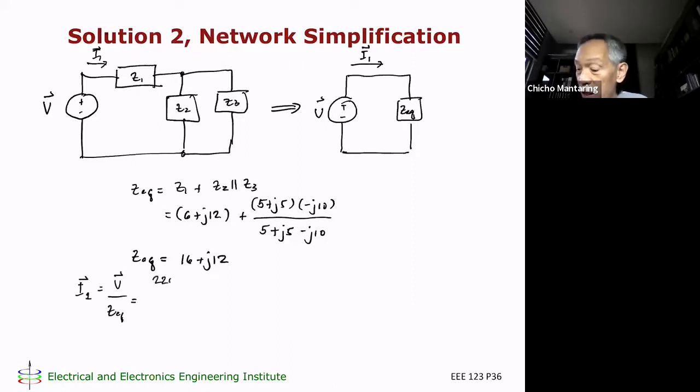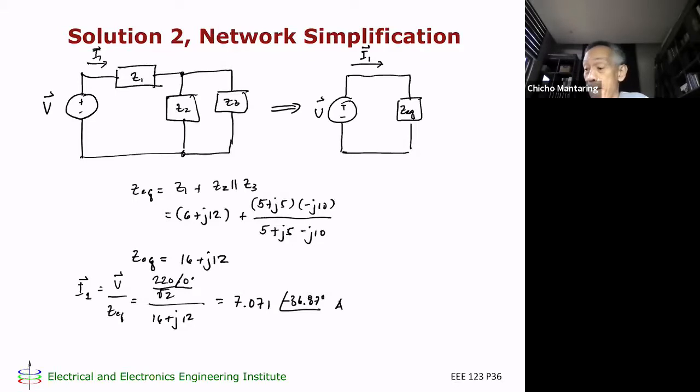So that's 220 over the square root of 2 at an angle 0 degrees all over 16 plus J12. And you should get exactly the same answer that we got earlier. No? 7.071 at an angle minus 36.87 degrees amperes. So this should be the same.